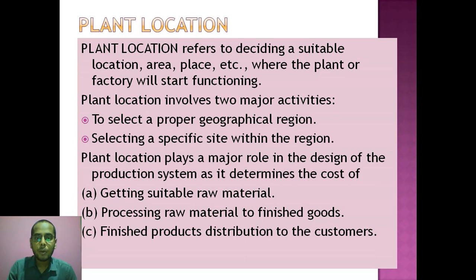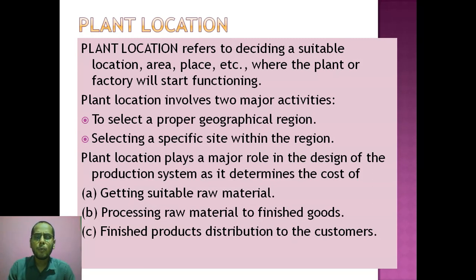Plant location involves two major activities which have to be done for setting up a new plant. First is to select a proper geographical region, and second is to select a specific site within the region. Through the first point, we have to select a proper geographical region where we are going to set up our new plant.